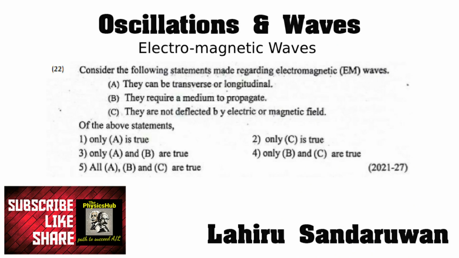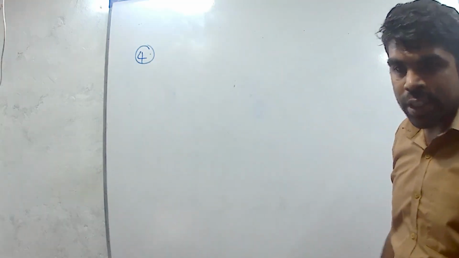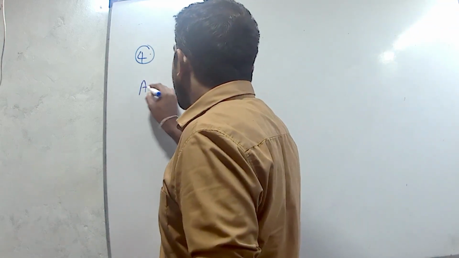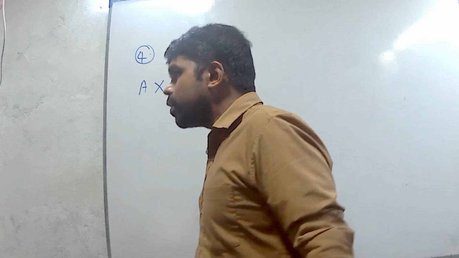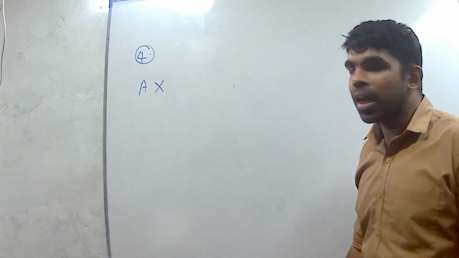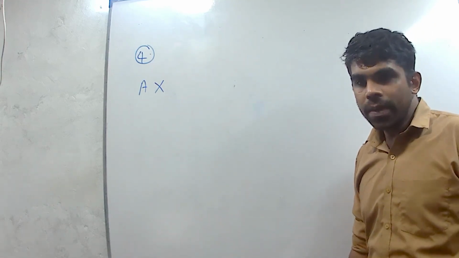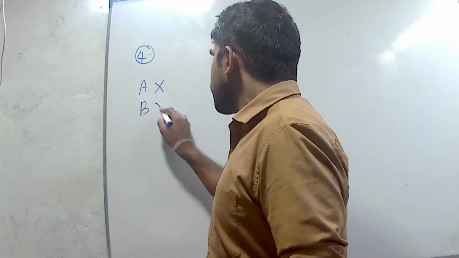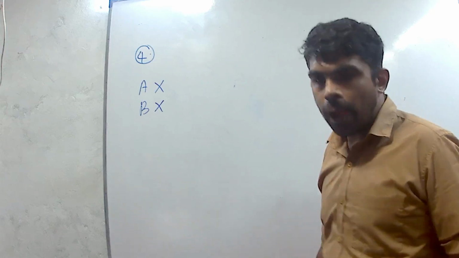Consider the following statements made regarding electromagnetic waves. Part A, they can be transverse or longitude. Now it is false. All electromagnetic waves are transverse. B, they require a medium to propagate. It's also false. A medium is not compulsory.